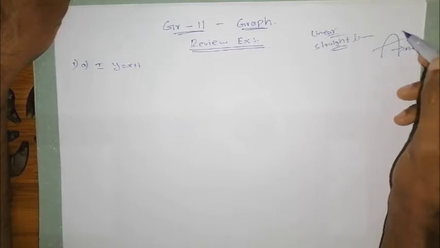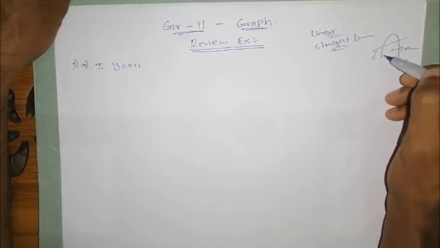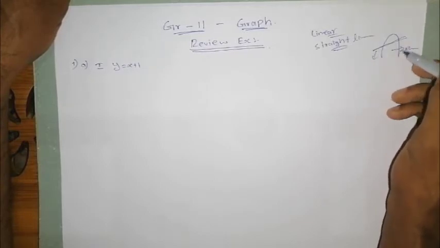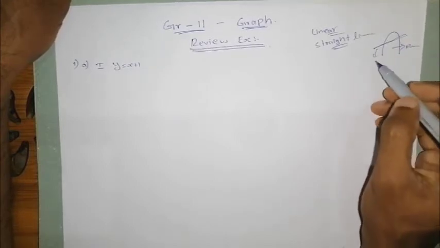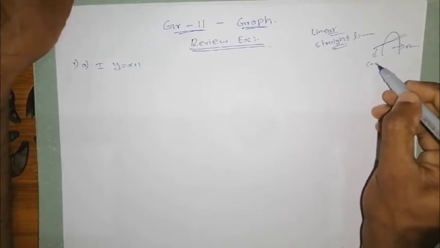In this case I will give an idea: if you want to draw a straight line graph after drawing a parabola, you can't go for so many coordinates.